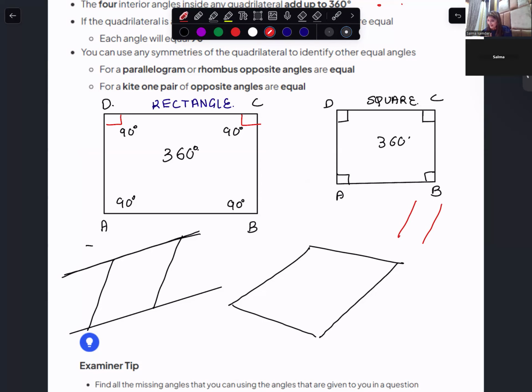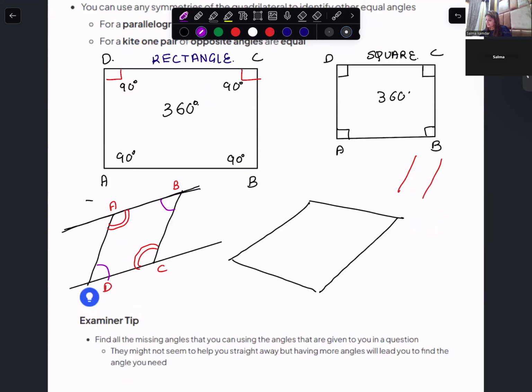So what is the property of a parallelogram? Opposite angles are equal. So the parallelogram is ABCD. Angle A would be equal to angle C. Angle B would be equal to angle D. Opposite sides of a parallelogram are equal.